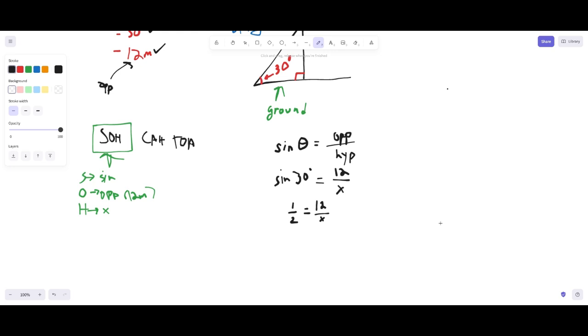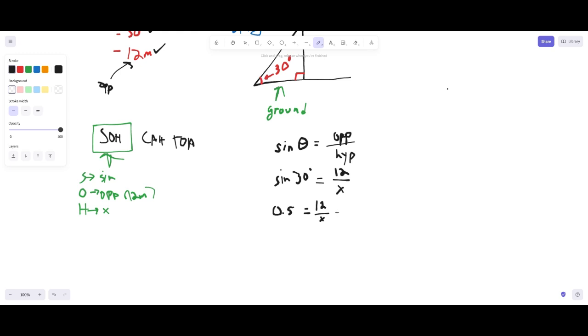Okay. Now, you could keep it in the fraction form and then you could do cross multiplication to figure it out. But you're not always going to have it in a fraction form for sine. Sometimes you'll just get a decimal number. So let's just use a decimal number to simulate that. So let's say 0.5, right? So sine is 0.5, which is just one half, right?